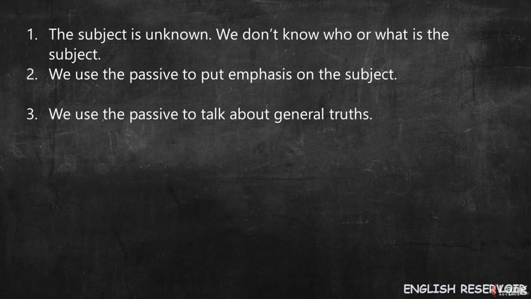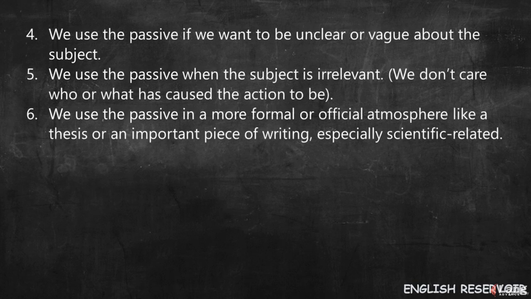We use the passive to talk about general truths. 4. We use the passive if we want to be unclear or vague about the subject. 5. We use the passive when the subject is irrelevant. We don't care who or what has caused the action.